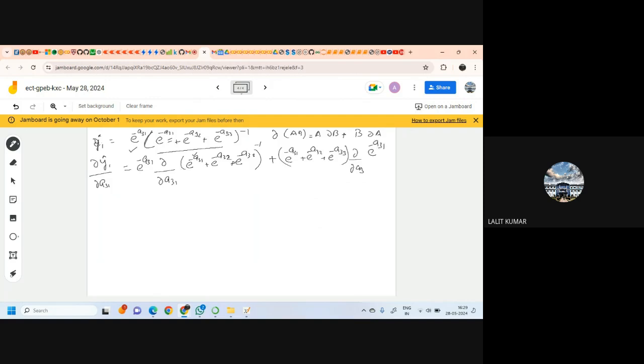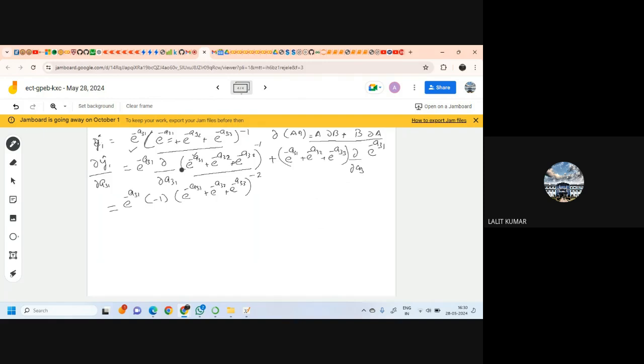Using the formula, when we expand this, it becomes e to power minus a31; now this is a whole term, so minus 1 will come here, then this term will come to the power minus 1 minus 2. Is this clear? Yes.